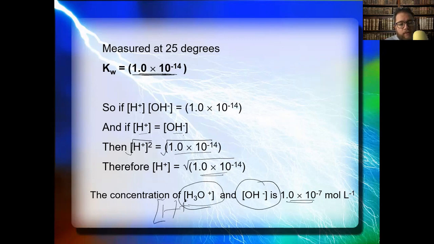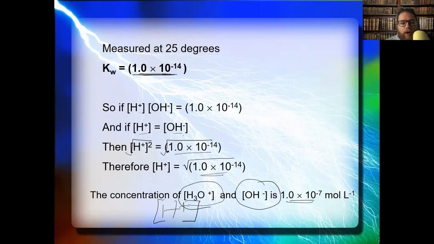Sometimes H plus concentration is written as H3O plus. So that is what we have there, 1 by 10 to the minus 7. And this is how you calculate the H plus concentration in the ionic product of water.